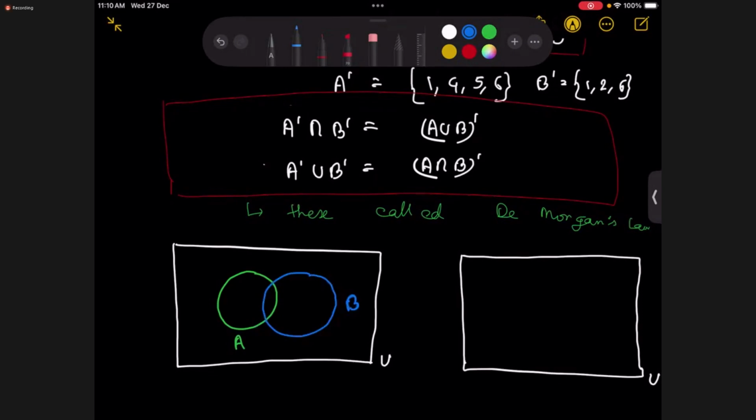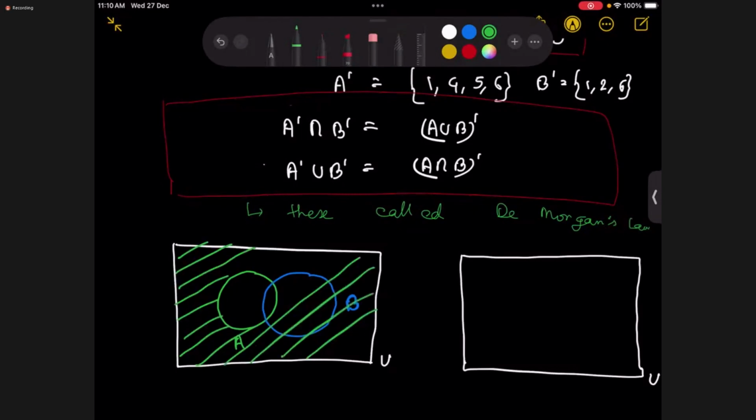So what about A complement? A complement means the green portion. This is our A complement.